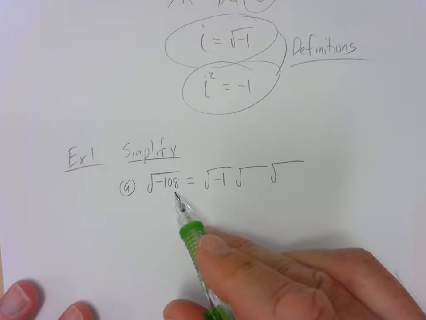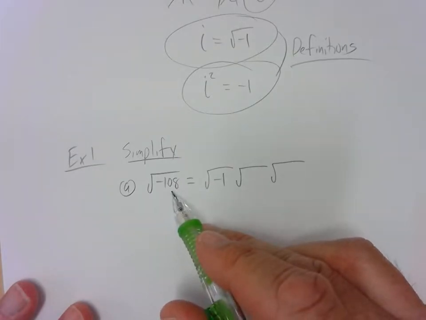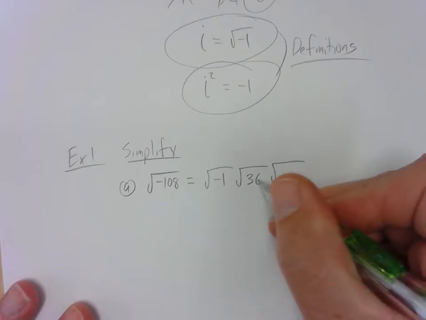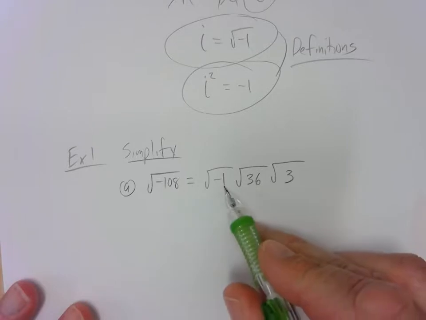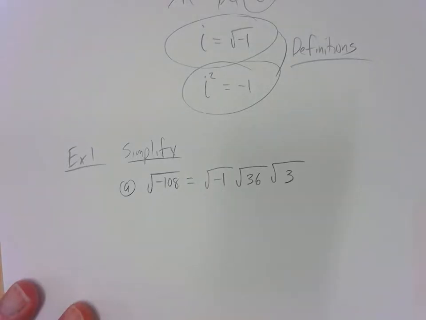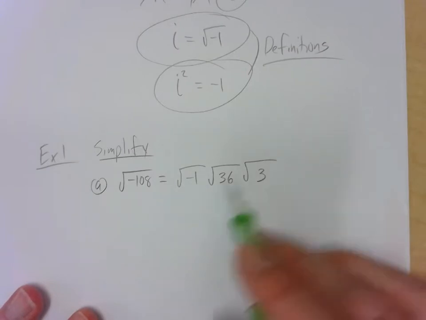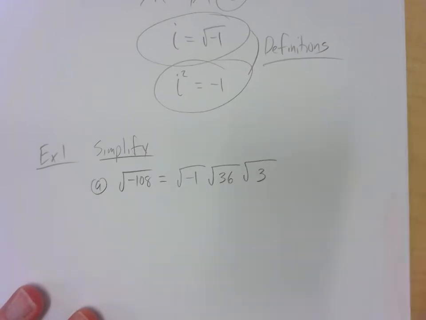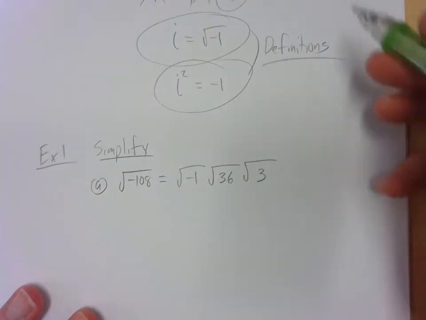The largest perfect square I'm going to take out of that, factor that out, and that would be 36. 36 times 3. So 3 times 36 times -1 is 108. Now I can take the square root of this and get an answer.